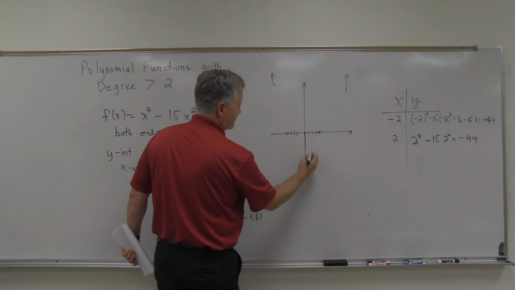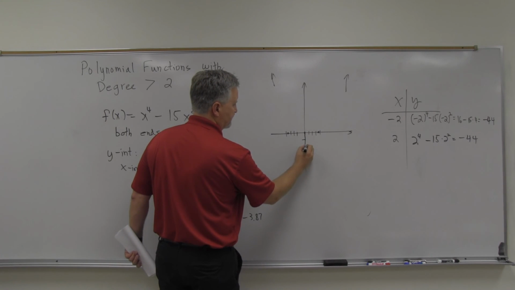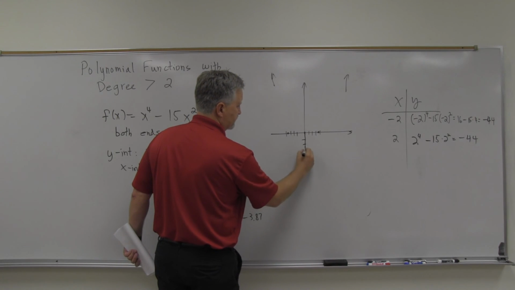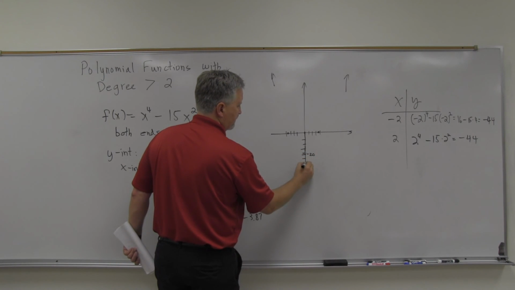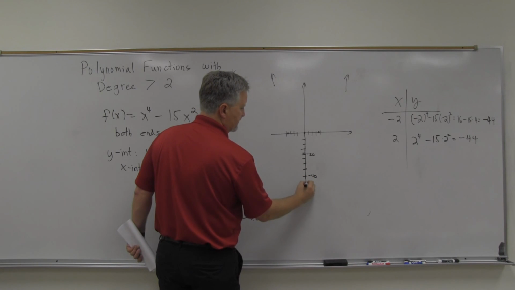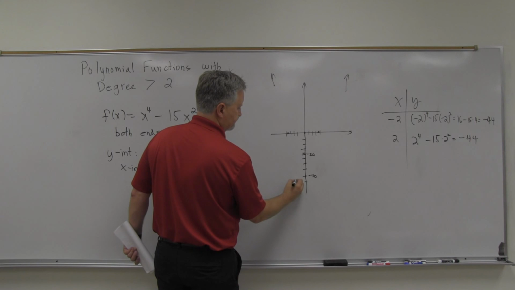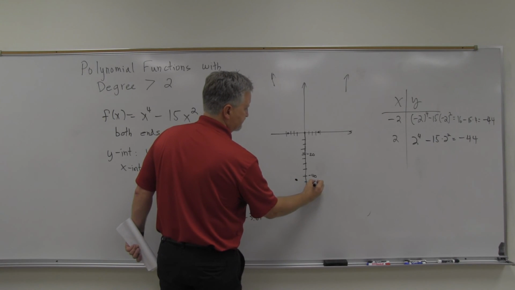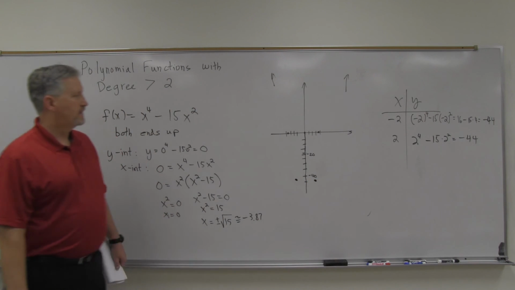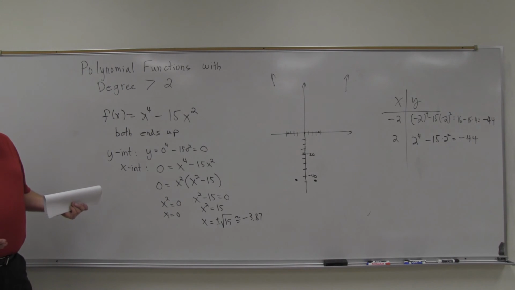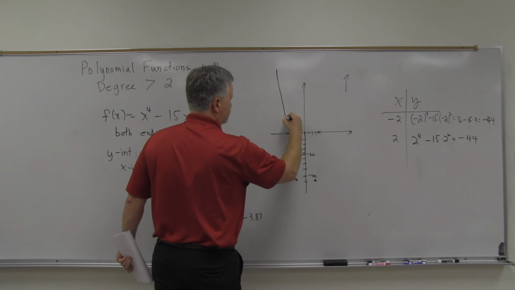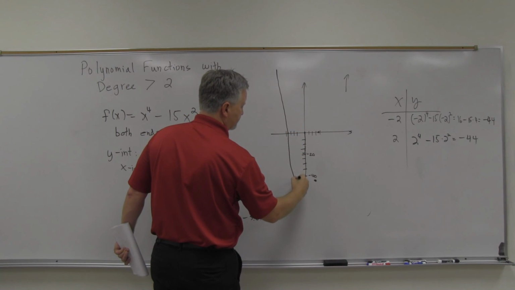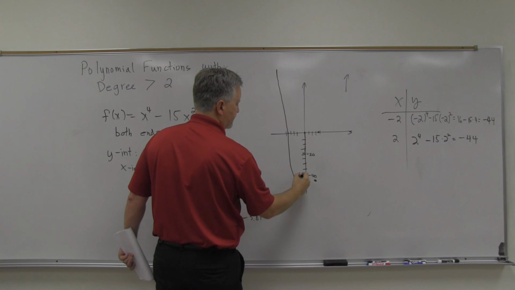So if I go by 5s: negative 5, 10, 15, 20, 25, 30, 35, 40. So it's negative 44 at negative 2 and positive 2. The reason I show you this one is because here's what happens. We go down through this one, it's coming back down, and at some point turns around, goes to that point.